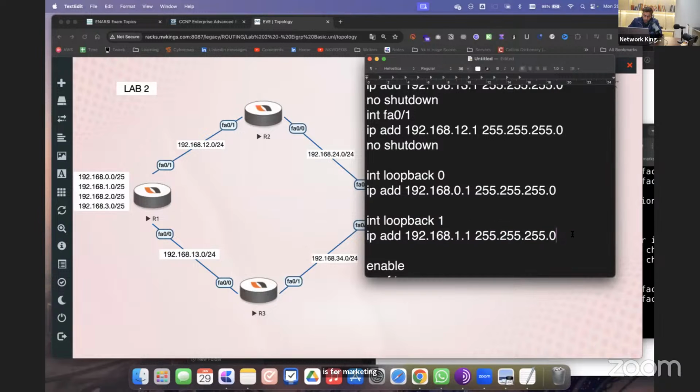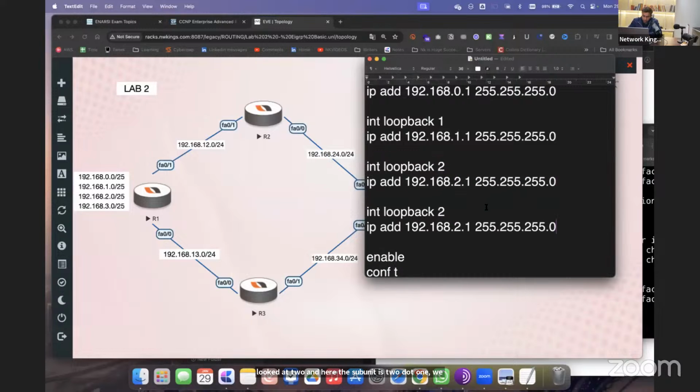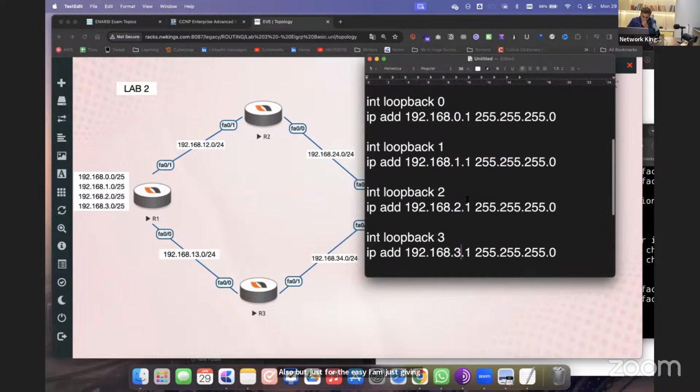Then we have the support department, which is maybe loopback 2, and here the subnet is 2.1. We have loopback 3, which is 3.1. It is not mandatory: if you are using 3 here, you don't have to take 3 there. You can take 30 also, 20 also, 29 also. But just to keep it easy, I'm giving 0, 1, 2, 3.